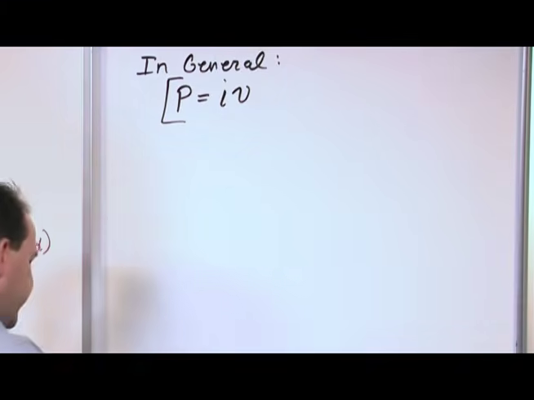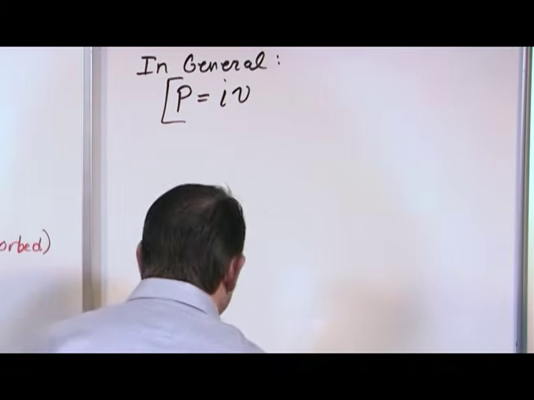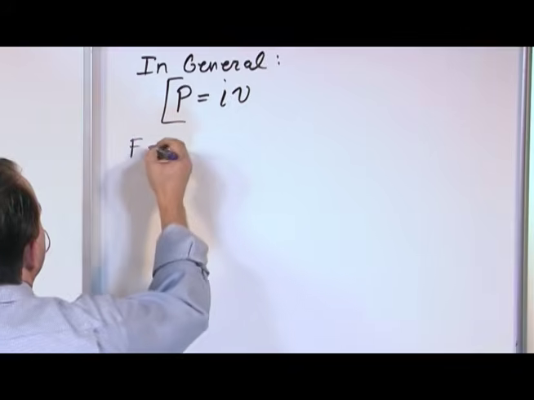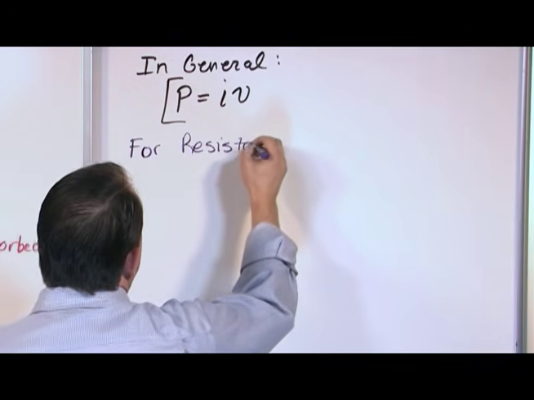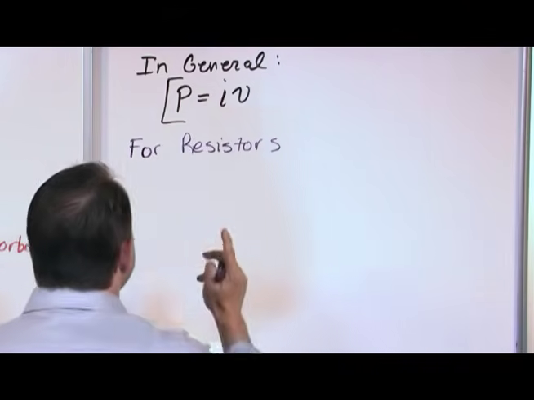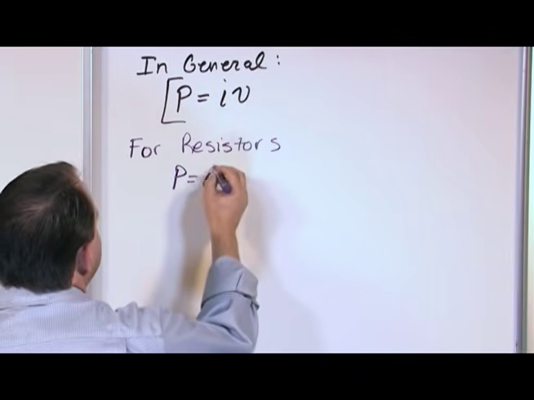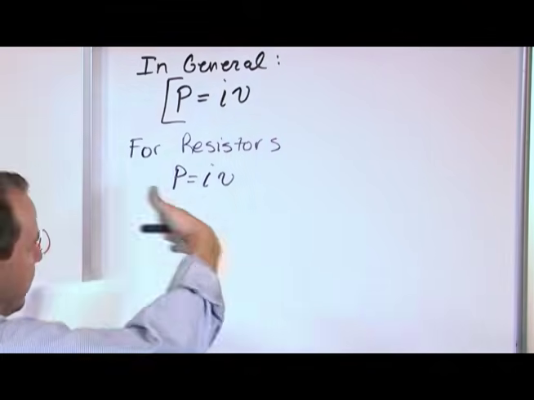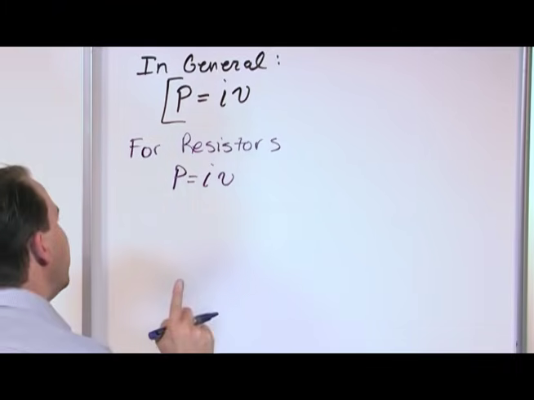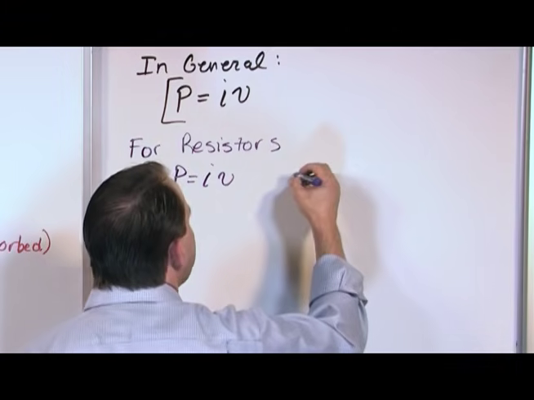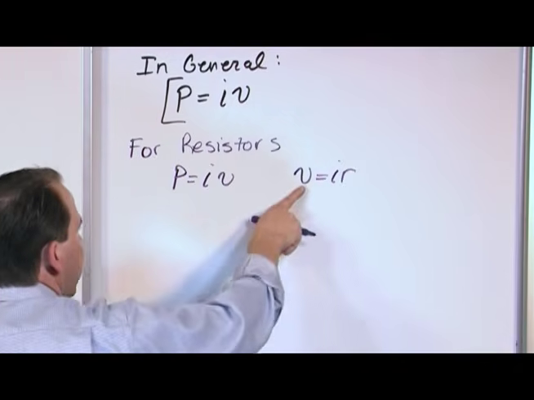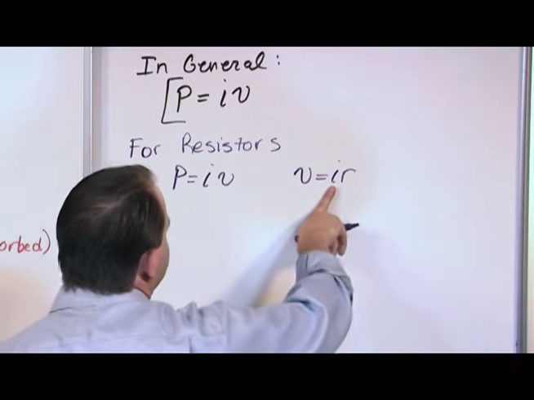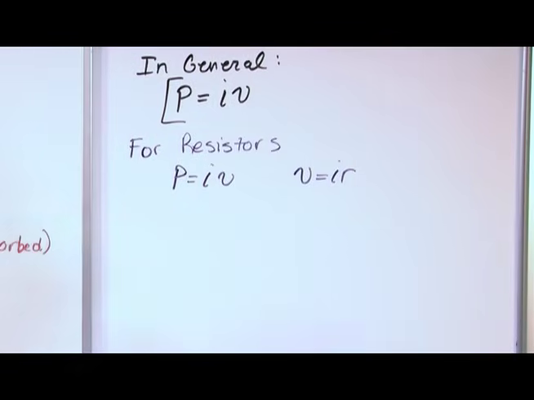Now let me show you something else that's kind of cool. For resistors in specific, this also holds. P is equal to IV. It always holds. It holds for everything. However, we know that across a resistor from Ohm's law, V is equal to IR. The voltage across a resistor is equal to the current through the resistor times its resistance, right?